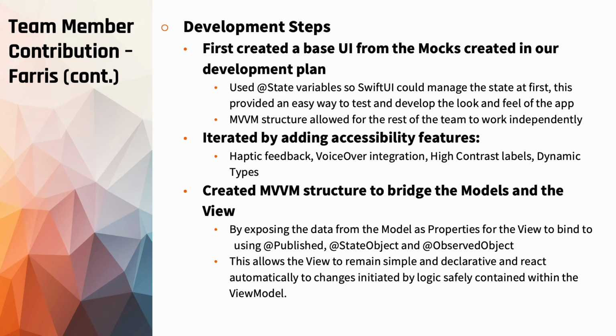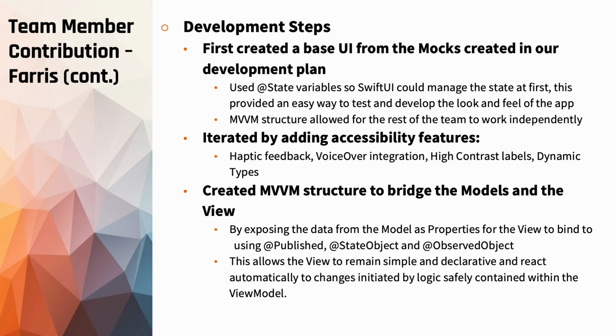The first step was to create a base UI from the mocks that we had in our development plan, and I used state variables so SwiftUI could manage the state at first. That way I could iterate quickly and test and develop and see the feel and look of the app. I also iterated by adding accessibility features like haptic feedback, VoiceOver integration, high contrast, and dynamic type.